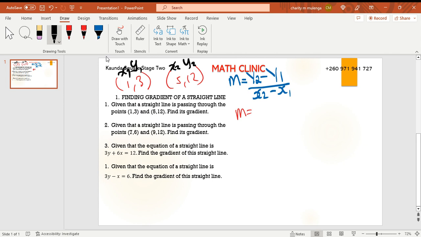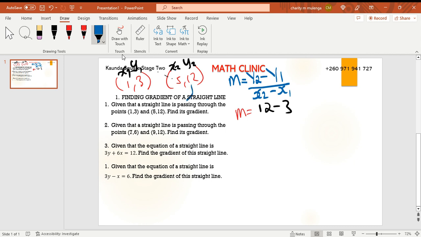Then we're going to follow what the formula says. So the formula says subtract y2 minus y1, which in this case is 12 minus 3. Are we together? Now, then we also have to subtract x2 minus x1.